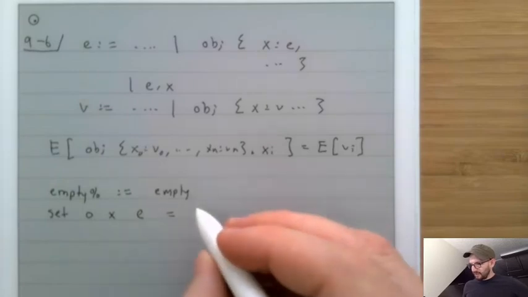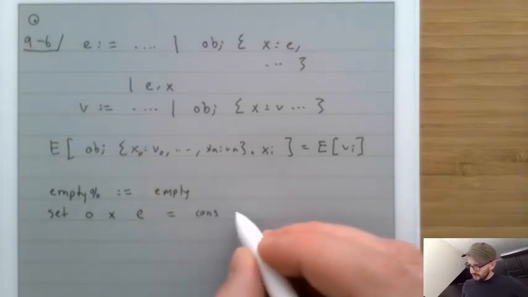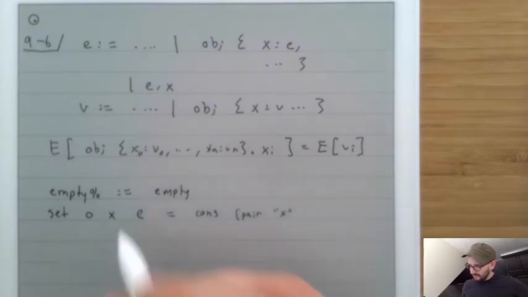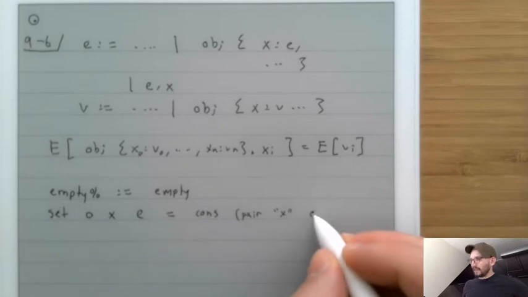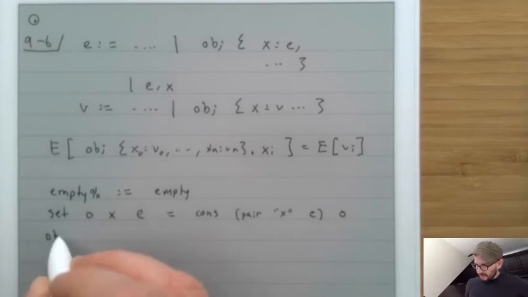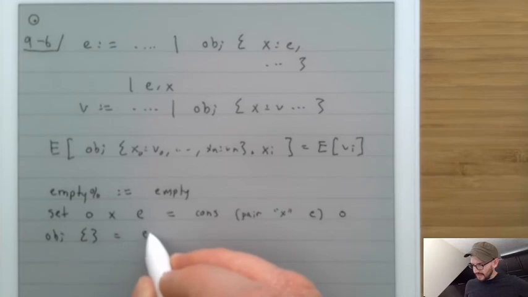And then what we could do is turn that into cons of pair of that variable name as a string, and then E, and pair that up with O. Then we could take something like object of nothing and turn that into empty.